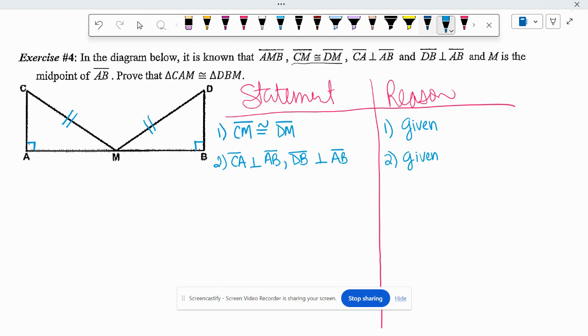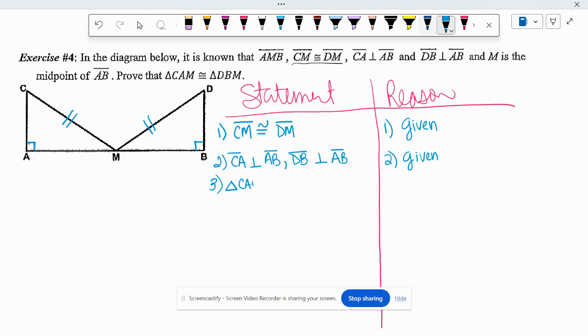All right. So every time you write down a statement, you want to think, okay, what can I say next? So what do two perpendicular lines give you? They give you right angles. So that means that triangle what and triangle what are right triangles. So let's say that.